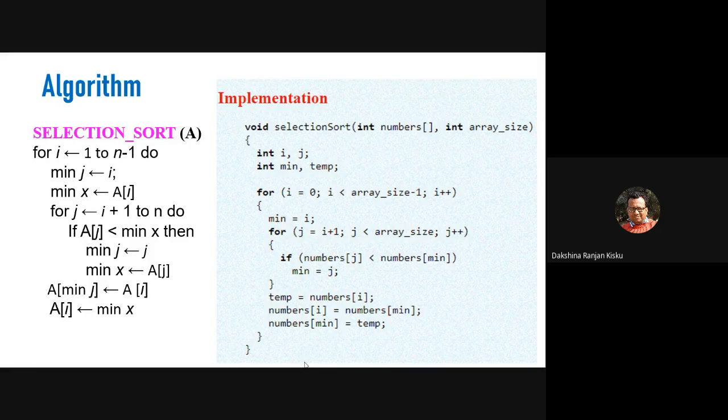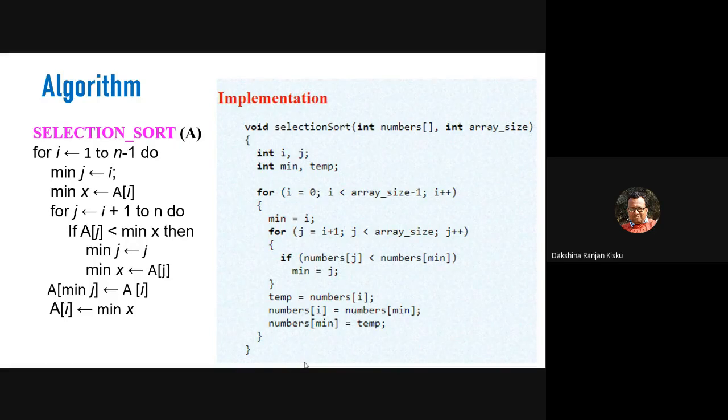Now, if we consider the worst case time complexity, it will be found when the elements are in descending order or reverse order. In that case, the algorithm will be very sensitive. That means if the elements are in reverse order, the worst case will occur, and for that worst case, the algorithm will be very sensitive.